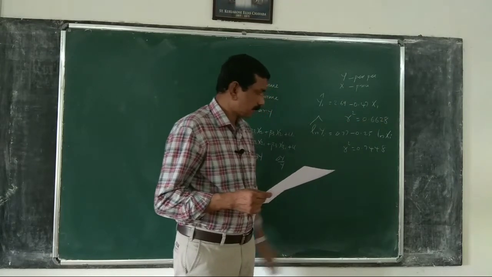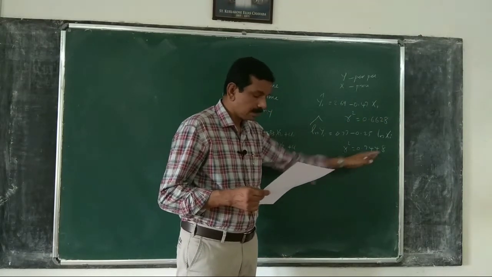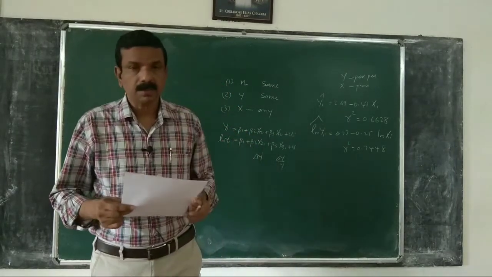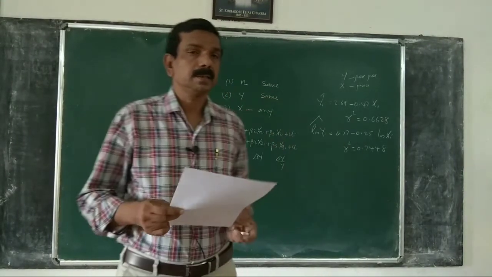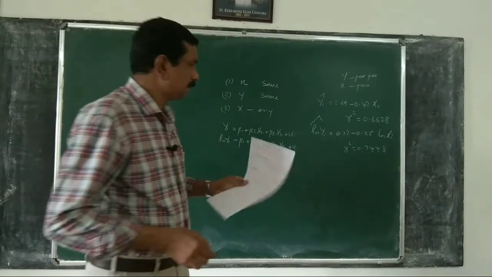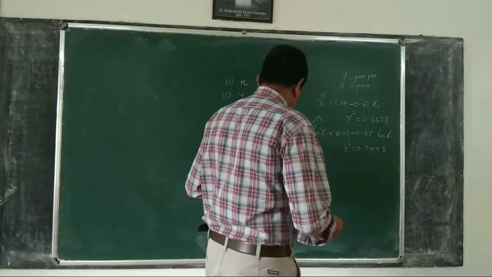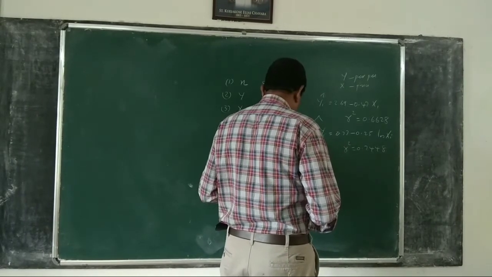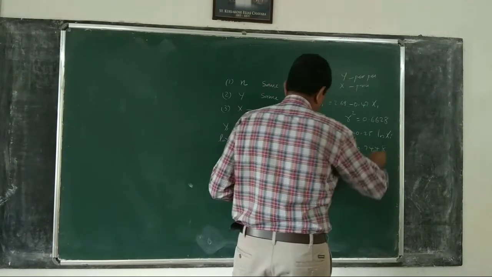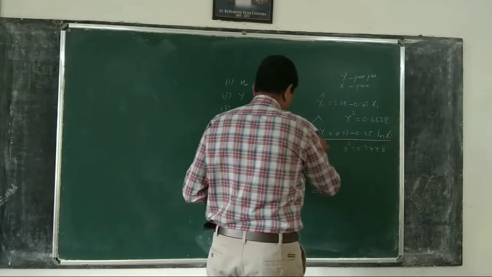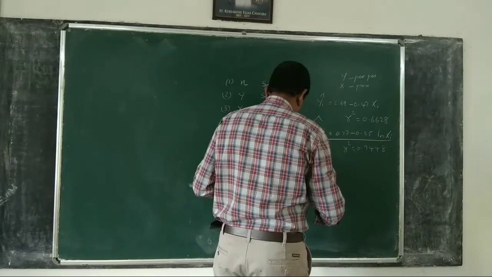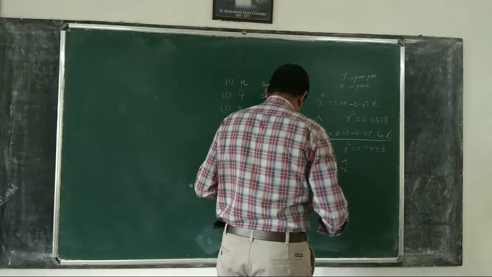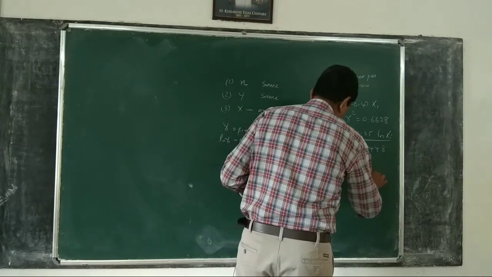So consider R square in this model. It is 0.66. In this model, it is 0.74. But R square in these models cannot be directly compared. But if you want to compare R square in these models, the procedure is like this. Consider this model, you will get ln y hat. Take anti-log of this, you will get y hat.